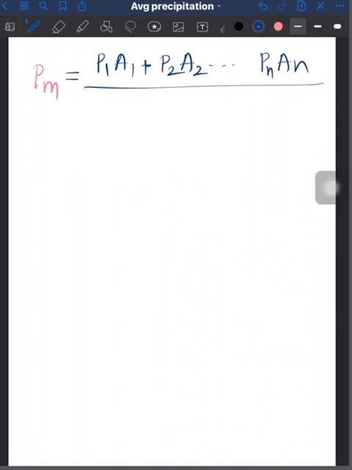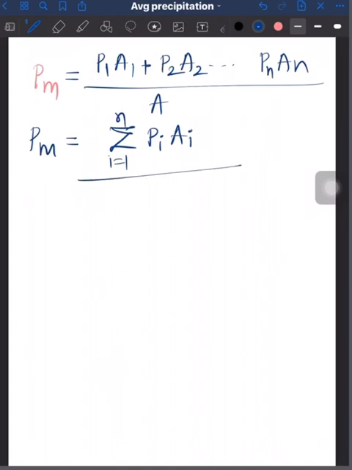So we get the average depth of precipitation by summation of Pi Ai, where i represents the rain gauges from i equal to 1 to n, divided by the summation of all the areas from i equal to 1 to n.